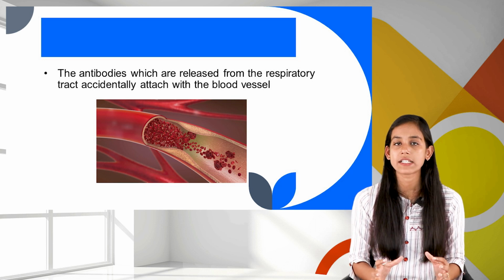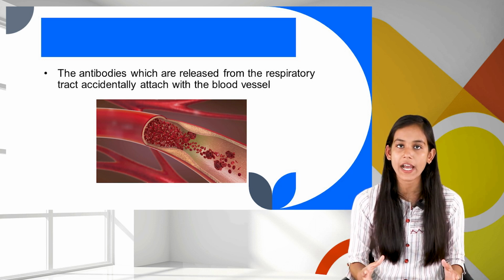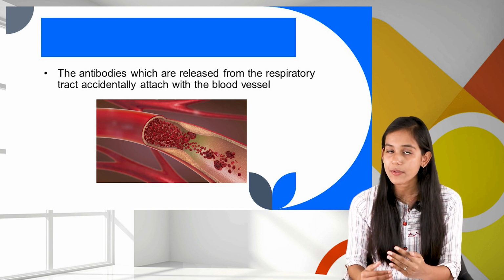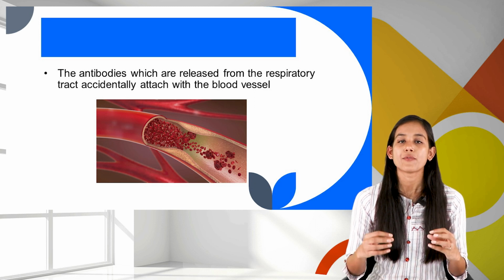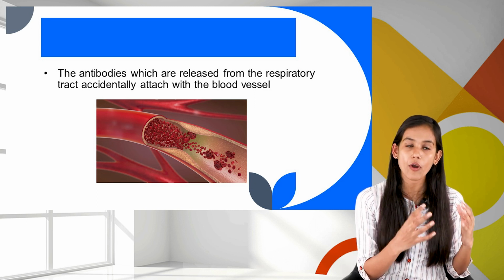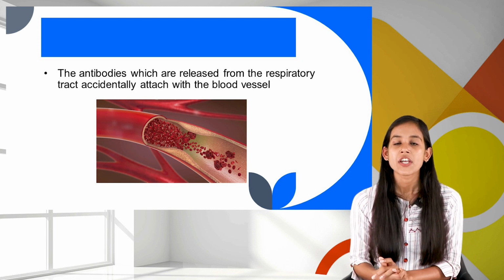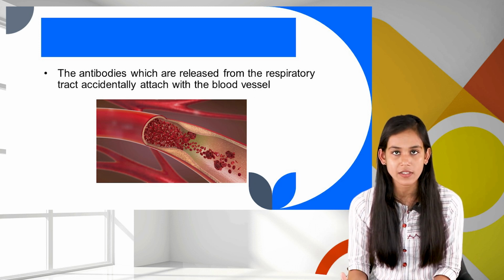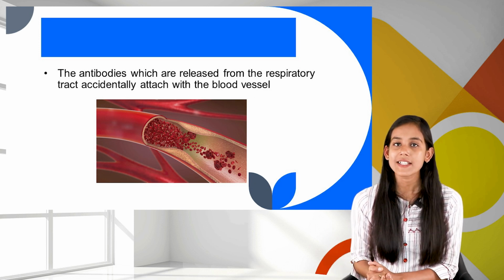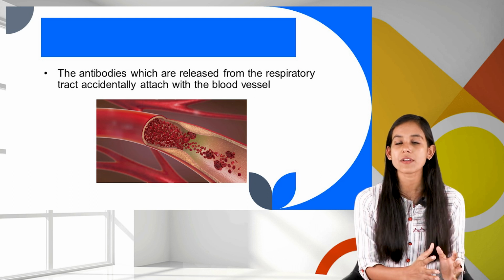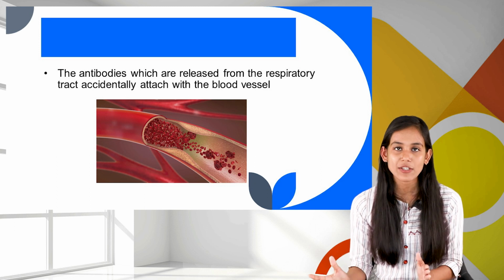Now imagine these antibodies released from the respiratory tract to fight the infection. Those antibodies would find the wall of the blood vessel also very similar to the pathogen, so while attacking the pathogens, at the same time the wall of the blood vessels is also similar to the pathogen.